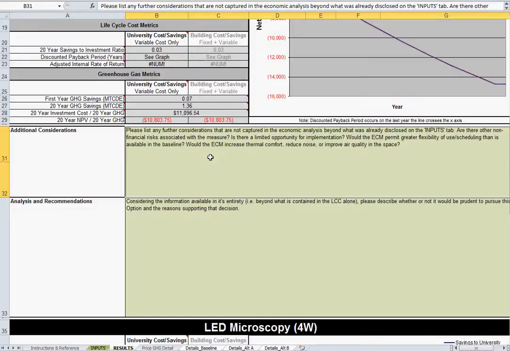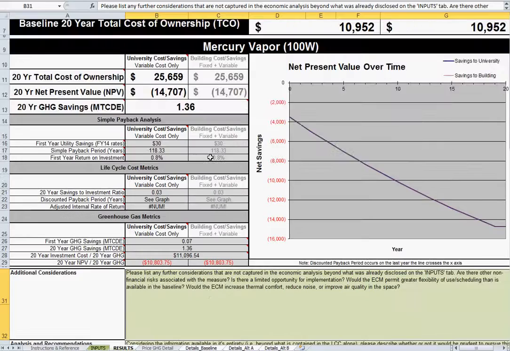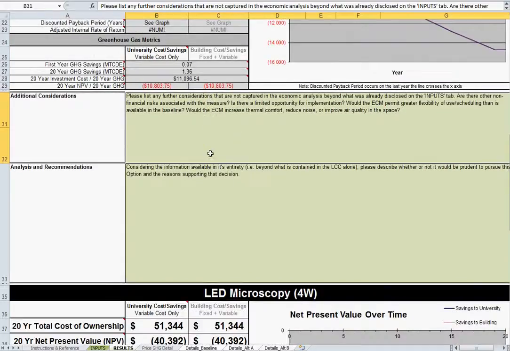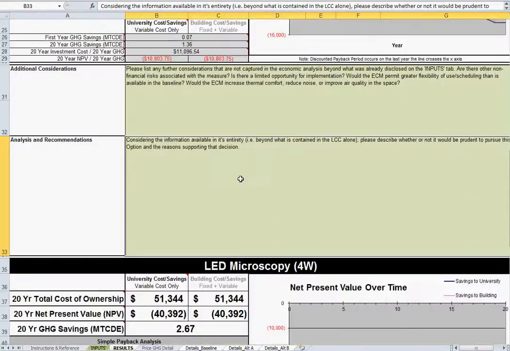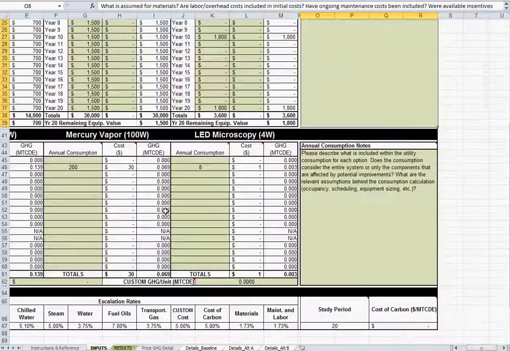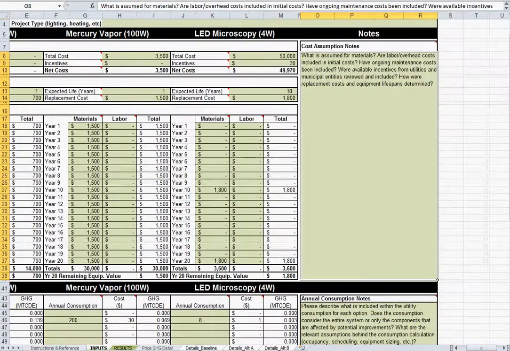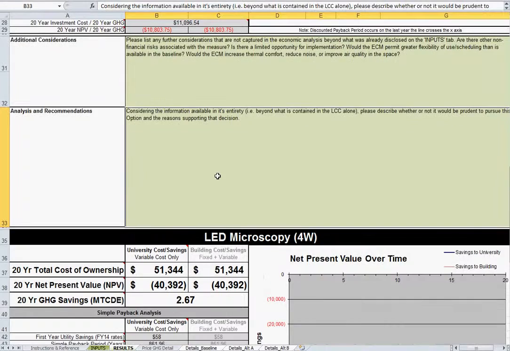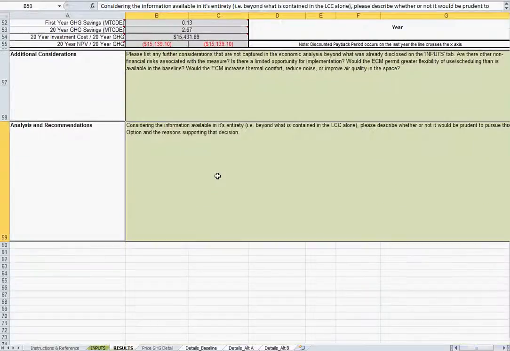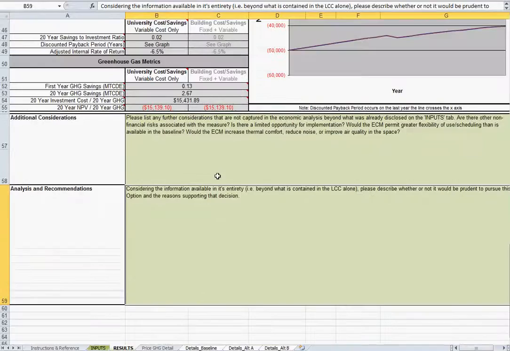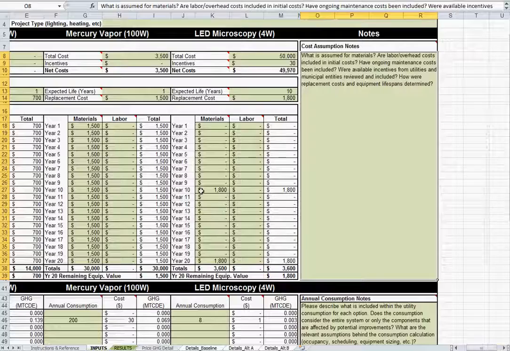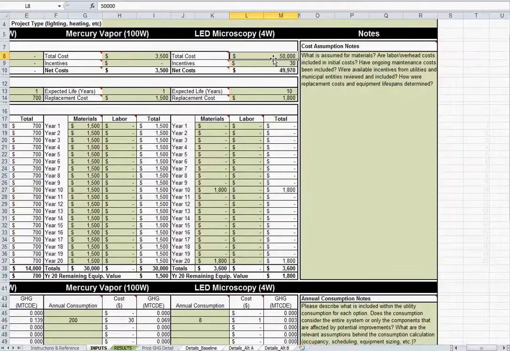So some of the non-financial, tough to quantify elements can be here. And finally, we ask whoever's preparing this for their opinion on whether this system worked for them or not. Do we recommend it, an overall analysis? What is our guidance going forward, so that the person reviewing it can have some idea of the thoughts of that person.